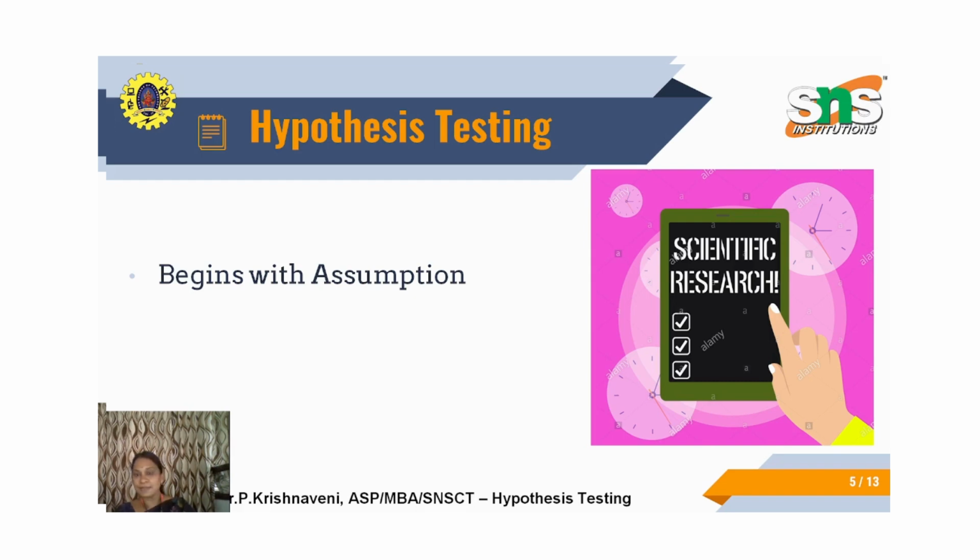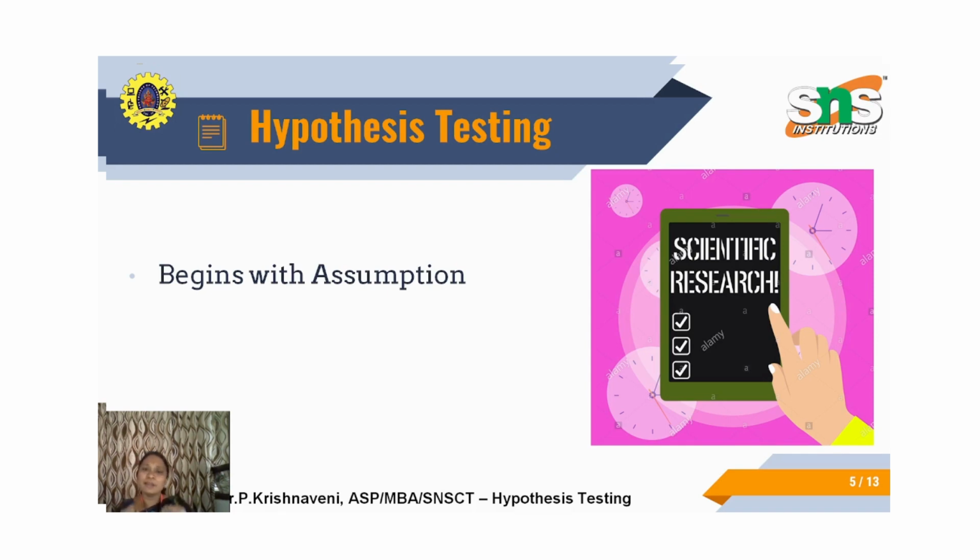So hypothesis testing always starts with an assumption. If I am thinking in one way and another person is thinking in another way, it should have some standard. If I am framing an assumption for my research, and some other person is also creating an assumption for the same research, that should have some relation, that should match, that should be correct.